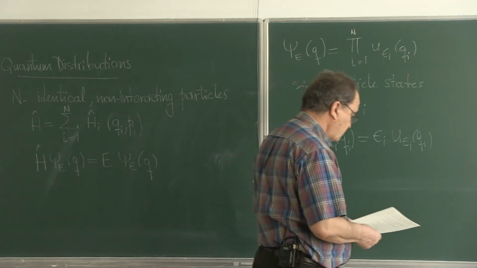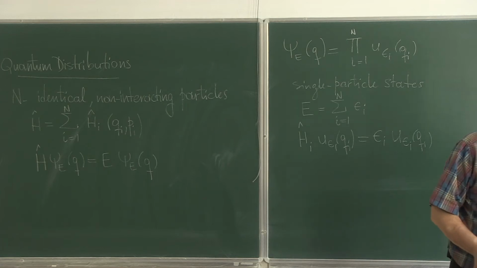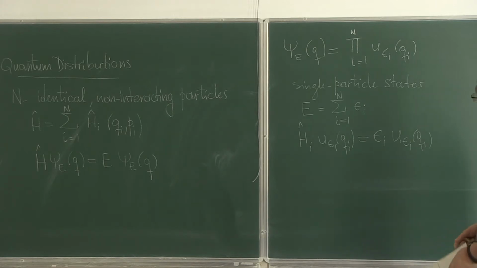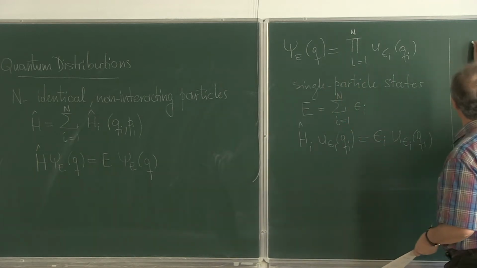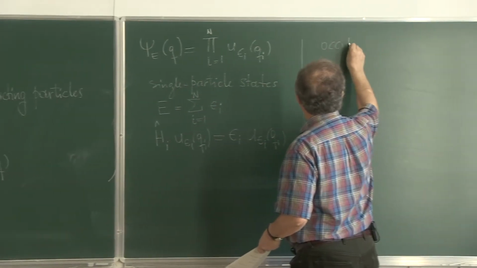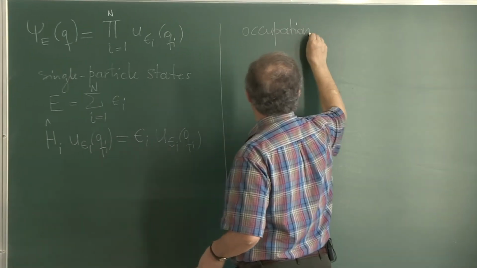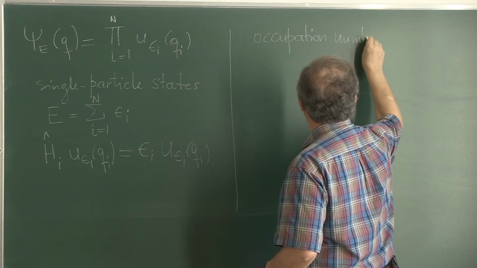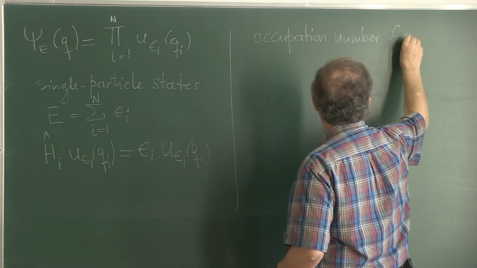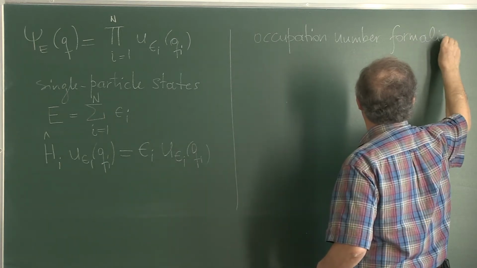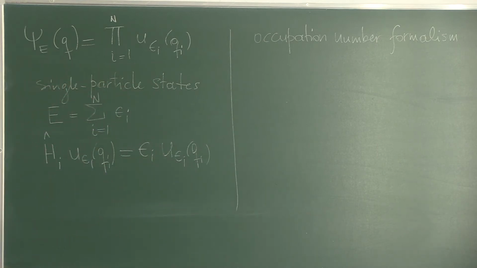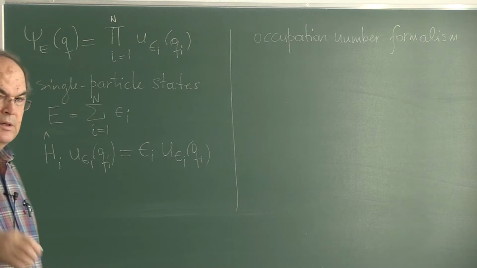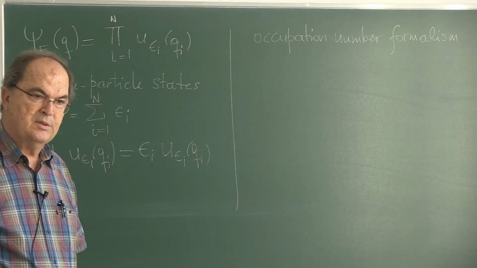Now, how are we going to describe this many particle state of the system? One way of describing it is using the occupation number formalism. So you can specify the many particle state by specifying the number of particles in each specific state.